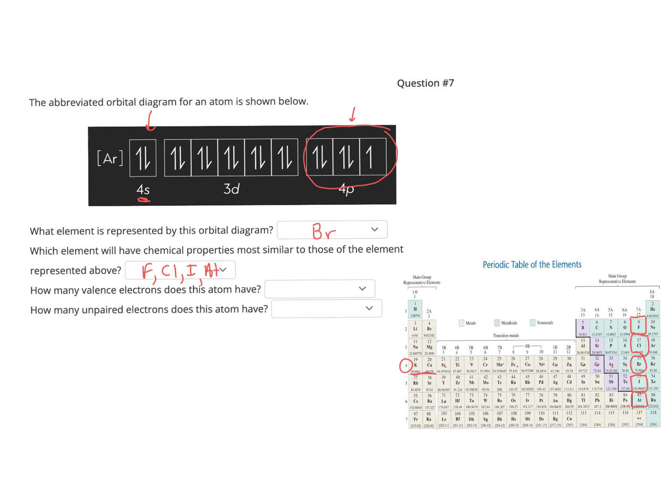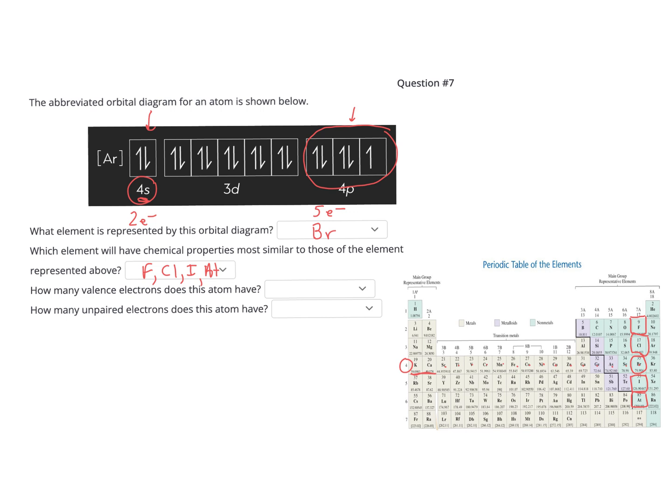How many valence electrons does this atom have? So valence electrons are the outermost electrons that participate in a reaction and therefore help describe the reactivity of an element. And our valence electrons, we have 2 electrons here in the s orbital, and we have 5 valence electrons in the p orbitals.